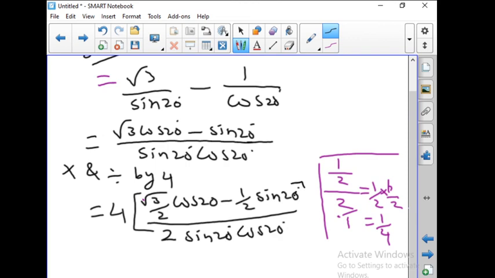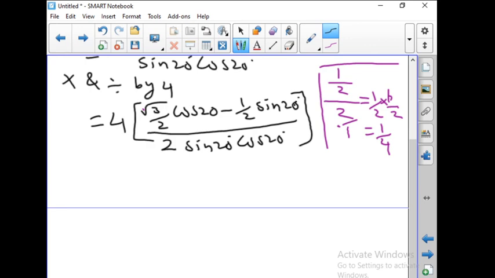So can you understand all of you? By multiplying by 4 and dividing by 4, we have written 1 by 2 by 2.